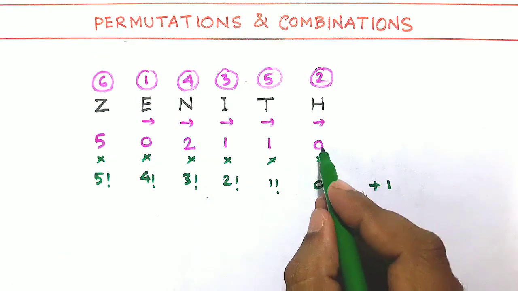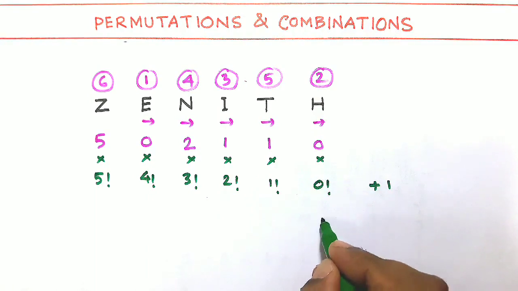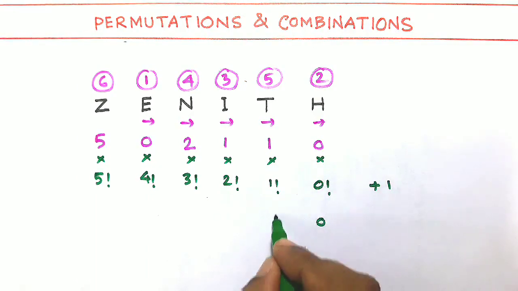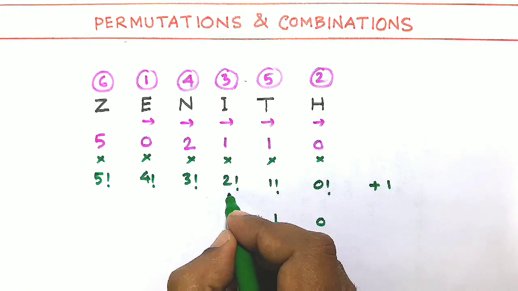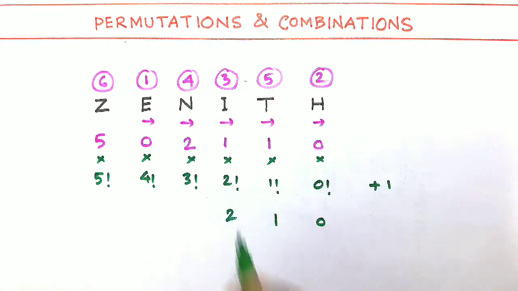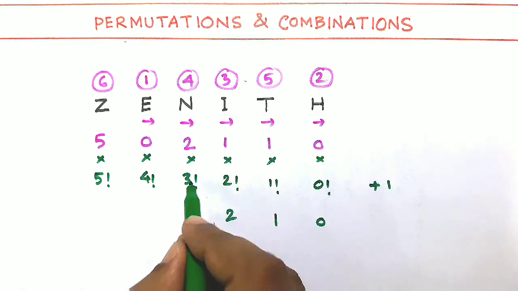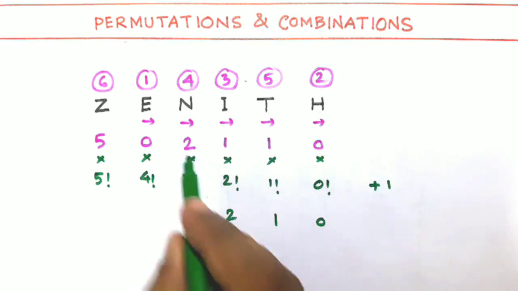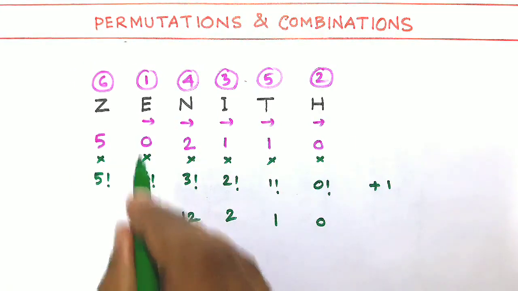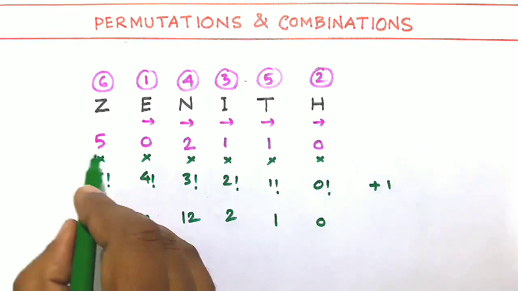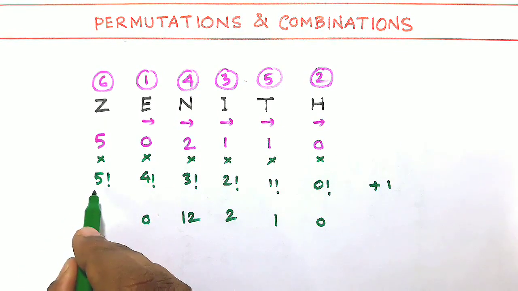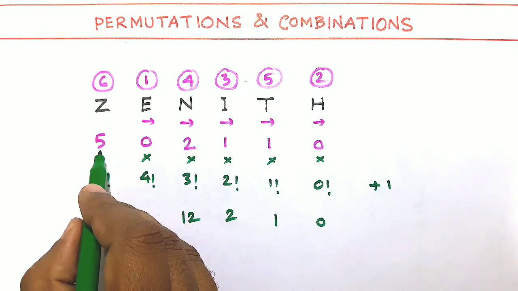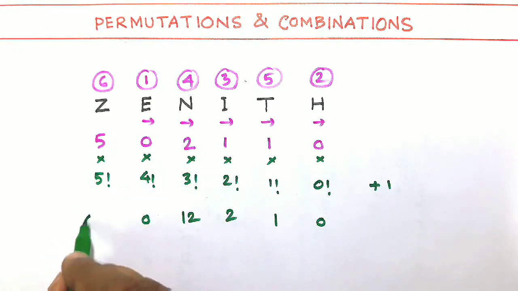So friends, 0 into 0 factorial means 0. 1 into 1 factorial, it is 1. 1 into 2 factorial, it is 2. 3 factorial means 6. 6 into 2 is equal to 12. 4 factorial into 0, 0. 5 factorial into 5. 5 factorial means 120 into 5, that is equal to 600.